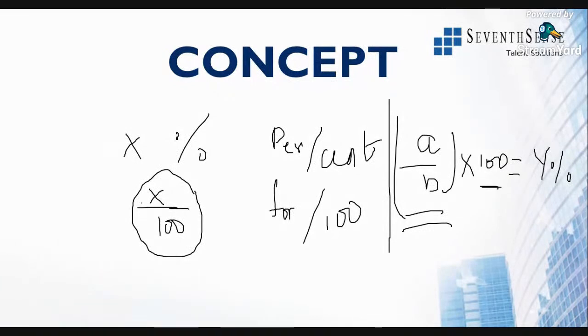Once you take up this fraction method, you will know how to find out the percentages. So x percent is nothing but, for every 100, what is the value of x? Similarly, if any fraction is given, what will be the value of that fraction in terms of percentage?